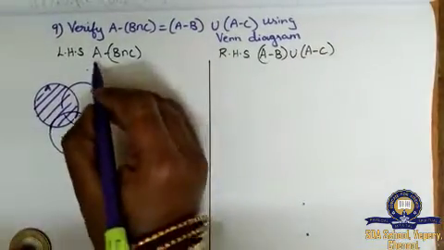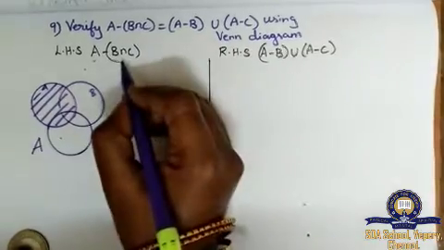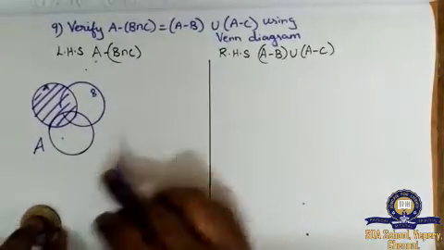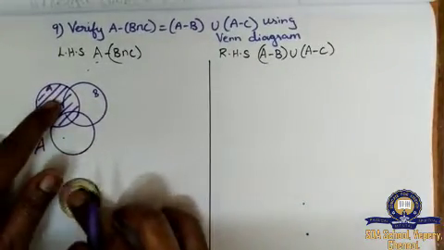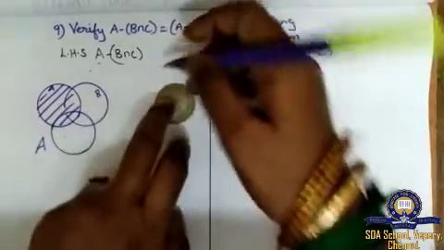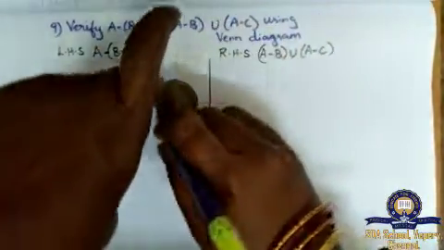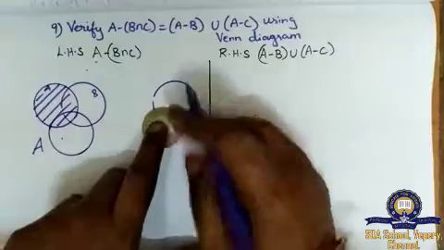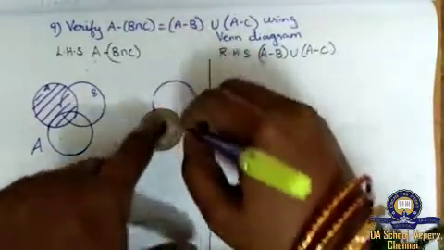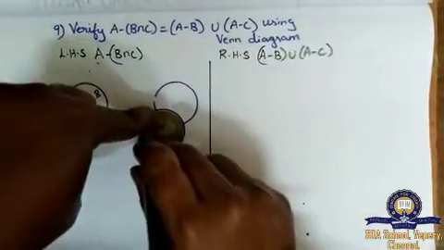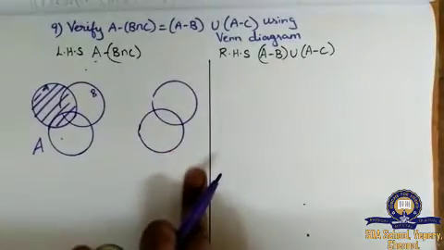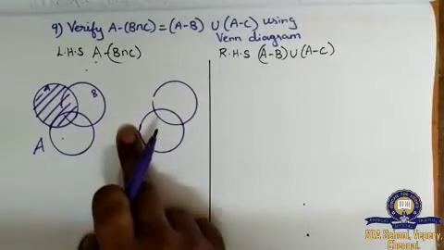That's all. This is only the A part. Then what is given? B intersection C. So I'm going to leave this A part. I'm going to draw the B circle and C circle. I'm not going to draw the A circle. After I finish B intersection C, I will draw the A circle.